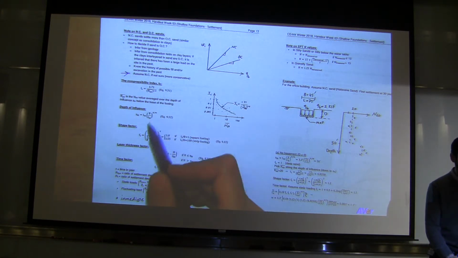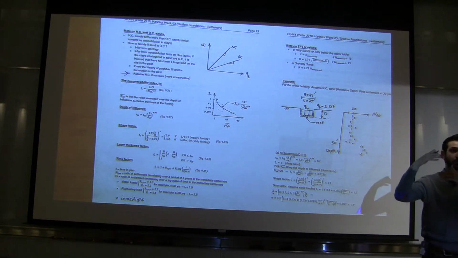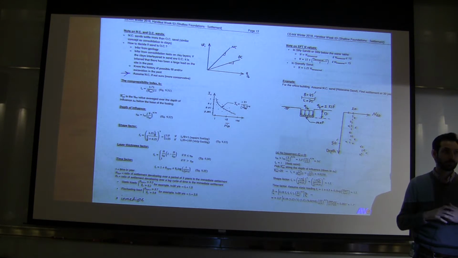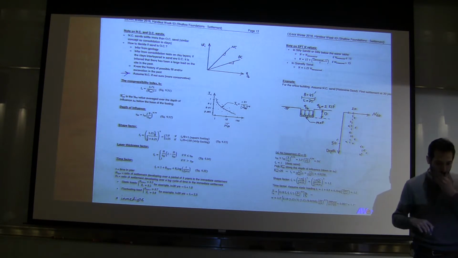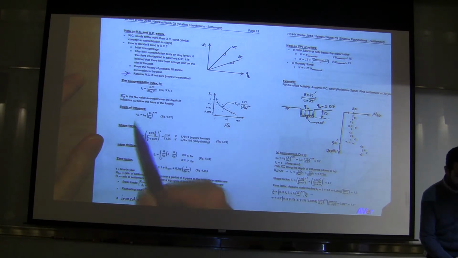Okay, so that is in line with that figure that we just discussed, that you get most of your settlement in that 1B deep below your foundation. Is that clear? Any question on this? All right, so that's the depth of influence.